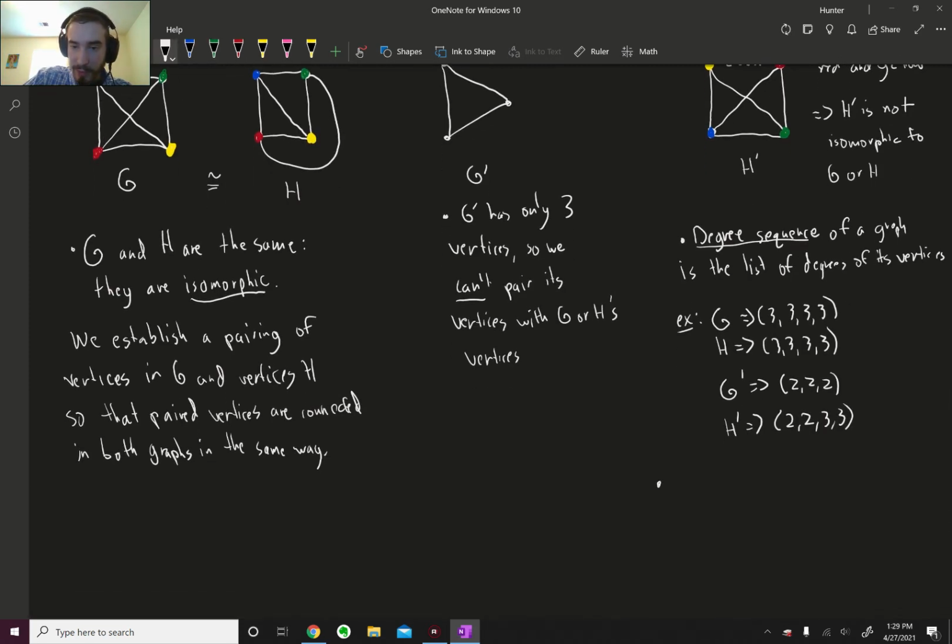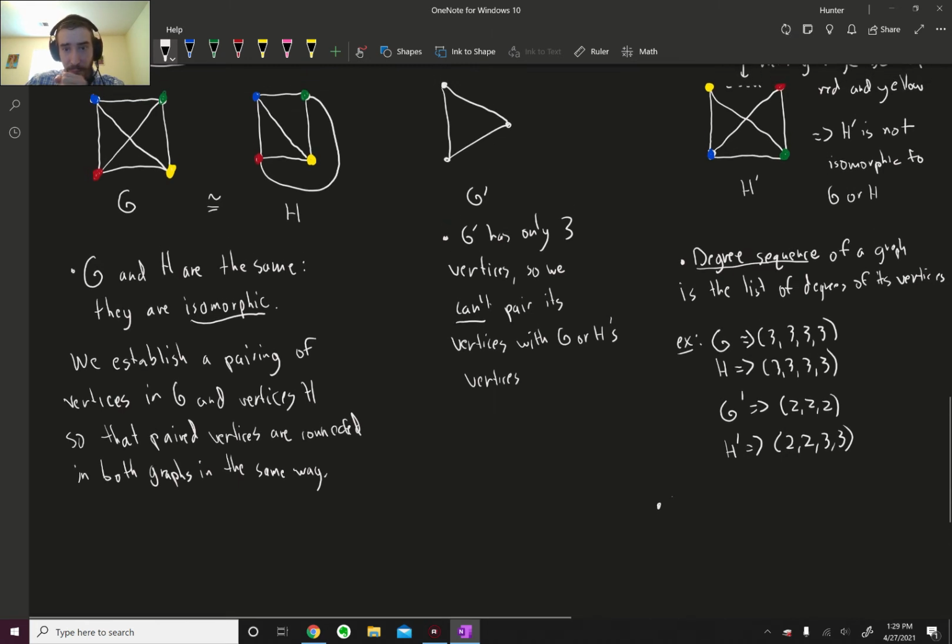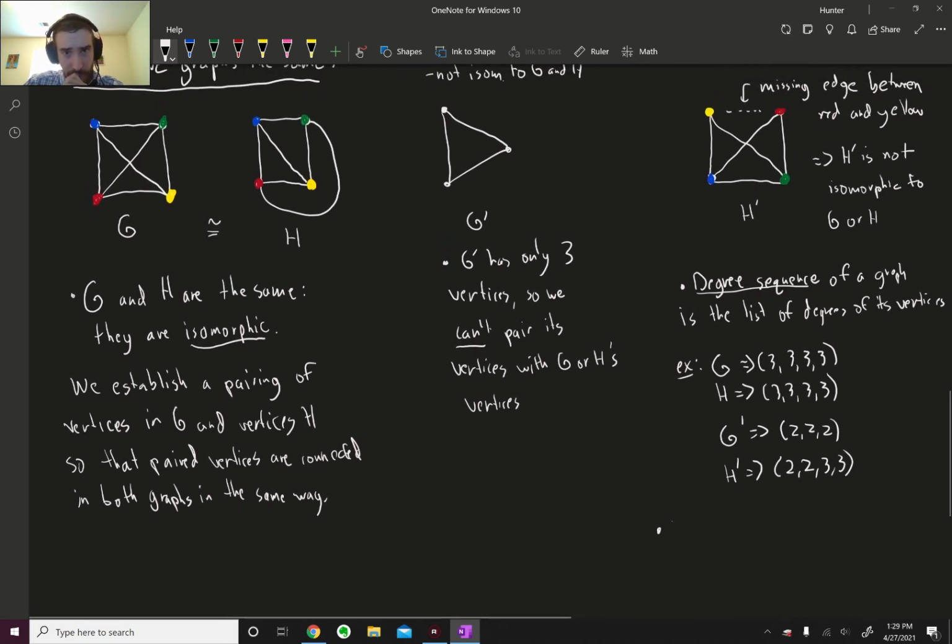And this helps us because we said the first obstruction that we would have to overcome for 2 graphs to be the same is that they have to have the same number of vertices. Well, they also have to have the same number of edges, and they also have to have the same degree sequence. Right? Isomorphic graphs have the same degree sequence because they're the same.